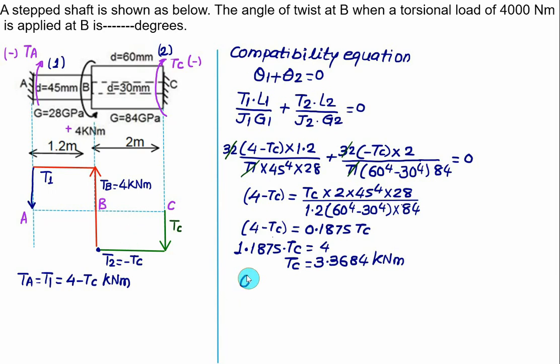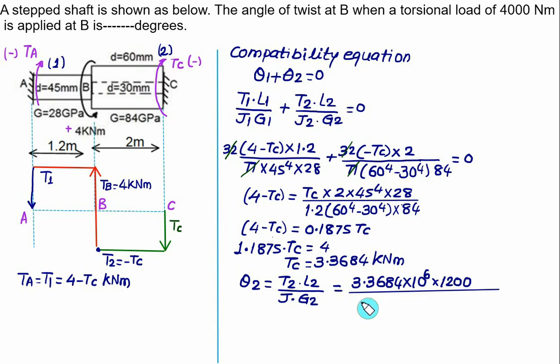So we'll try to find out the value of theta 2 here, which is equal to T2 into L2 divided by J into G2. So we have torque equal to 3.3684 kilonewton meter, which is 10 to the power 6. We have length, this time we have taken a standard unit, equal to 1.2 meter, which is 1200.